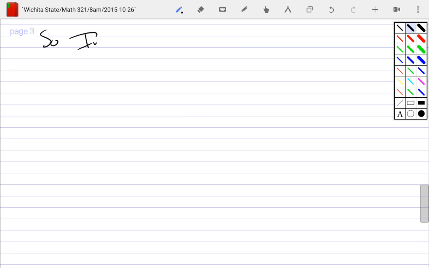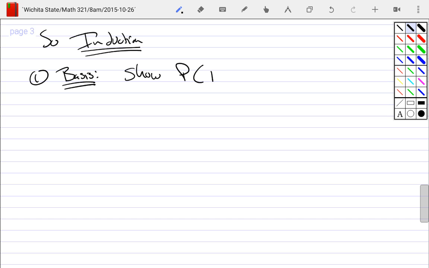So when I say induction, one, you have your basis, which means show that whatever you're talking about, first element, is true. Show the basis step. Show you can knock over the first kid. Show you can tile a 2x2 board.